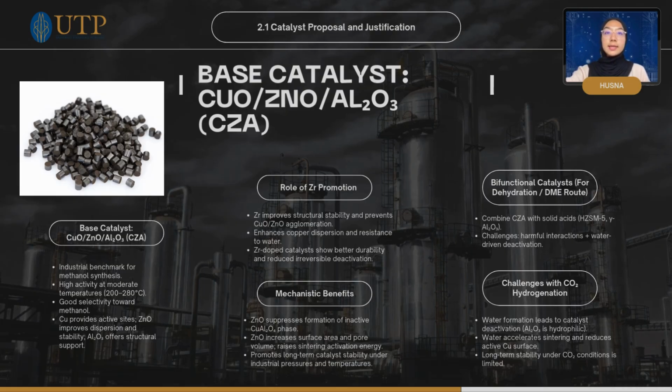Overall, the CZA catalyst system, especially when promoted with zirconium, remains the best choice for methanol synthesis from CO2. It is active at moderate temperatures, highly selective toward methanol, resistant to thermal degradation, and economically viable for large-scale production.